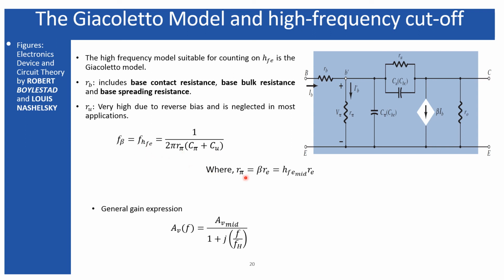Now this R pi can also be written as beta Re, and this beta is nothing but HFE mid, which is the mid band forward current gain as I told, and this Re is associated with the emitter resistance when you consider the emitter current was flowing due to the influence of base to emitter voltage.